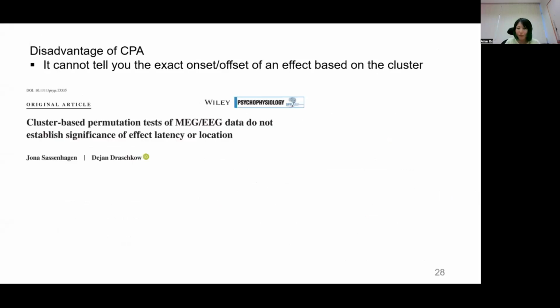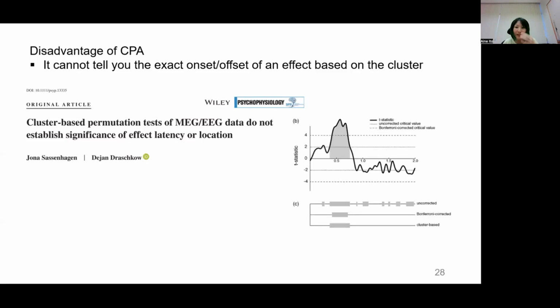There's a really good paper on this topic, so if you're interested in more, you can read it up. To make the point, if we have multiple clusters here, and let's say we run the cluster-based permutation analysis and find that only this cluster was significant and everything else we reject, we can't say that the effect started here and ended here or lasted this long. That's because this cluster is directly taken from this cluster, and this is based on the uncorrected t-value.